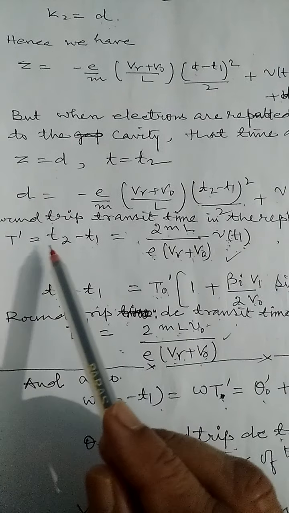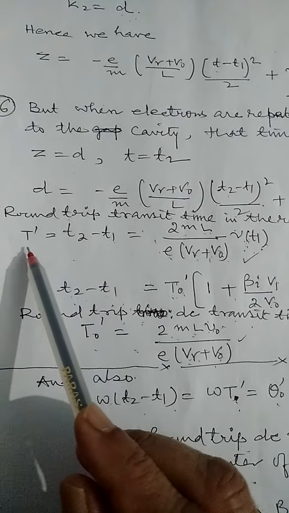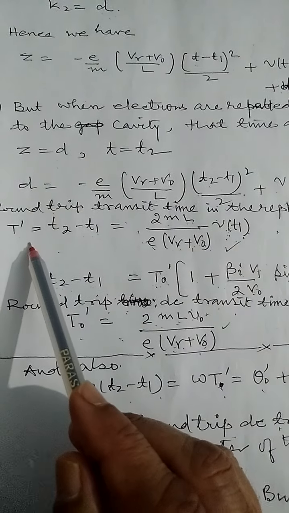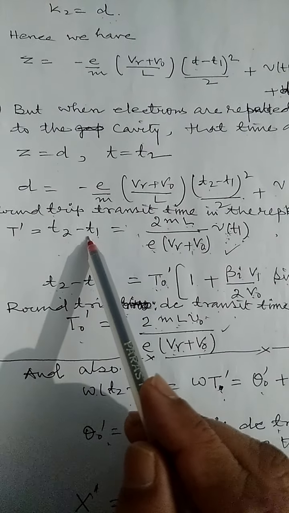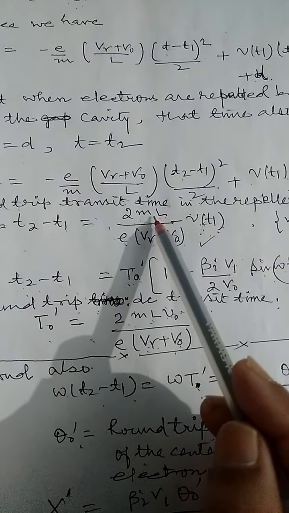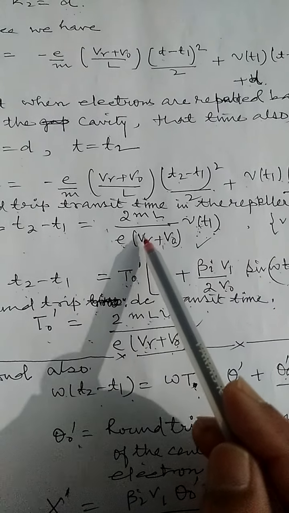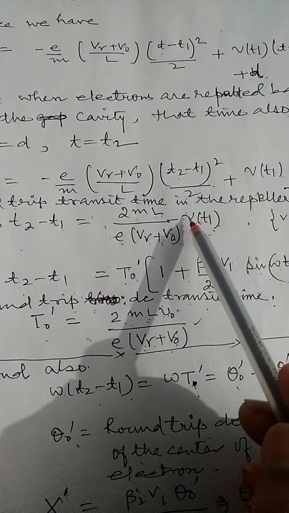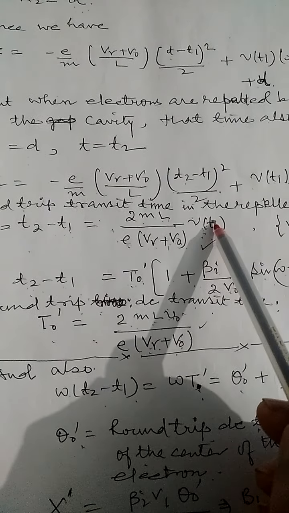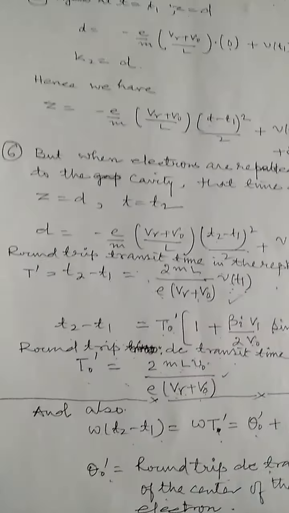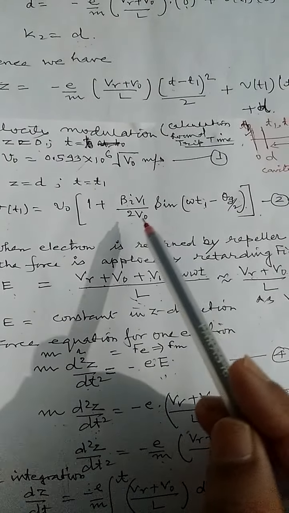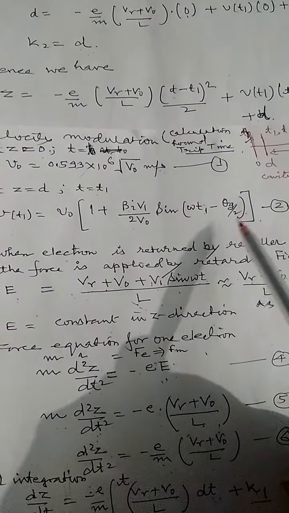This t2 minus t1 is referred to as the round trip transit time in the repeller region, indicated by t dash, where t dash is equal to t2 minus t1, and that is 2 ml divided by e into (vr plus v naught) into v of t1. That v of t1 we can replace from the equation: v naught into 1 plus beta e v1 divided by 2 v naught sin omega t1 minus theta g by 2.